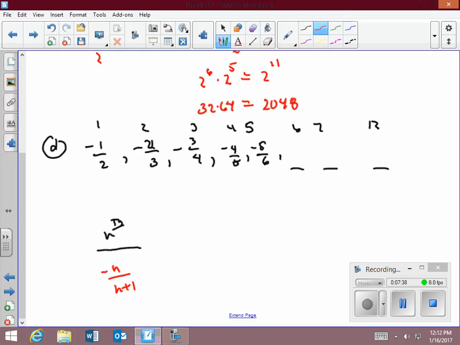Okay, so then this is going to be a negative 6 over 7. This is a negative 7 over 8. And this is a negative 12 over 13. And that's your general term.